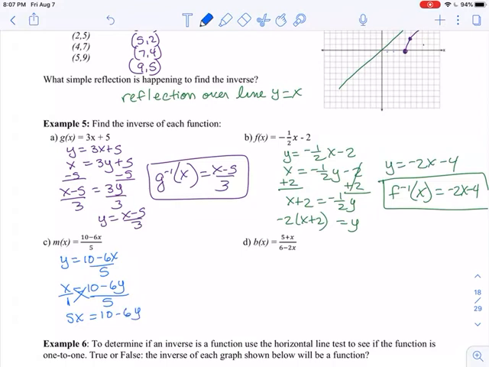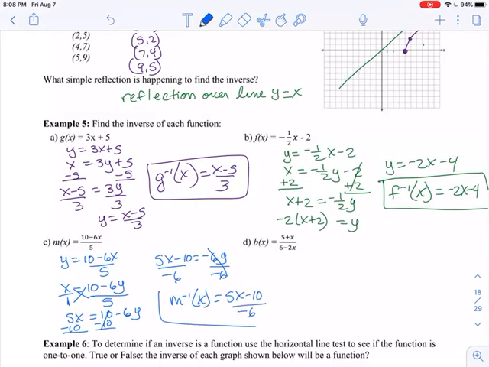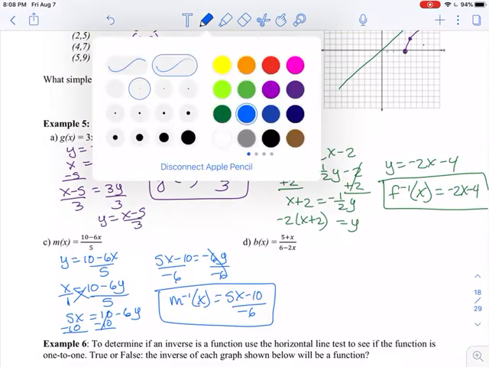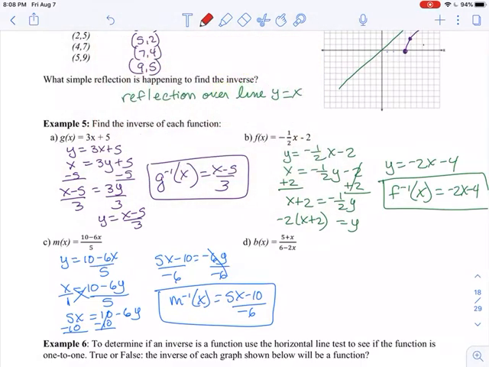Solving for y, I'm going to subtract that 10. So I have 5x minus 10 equals -6y. And then to get y by itself, I'm going to divide by -6. So basically, I'm going to have the inverse, m to the -1 of x equals (5x minus 10) over -6. So we're really just playing around with this. You have to be strong in algebra in order to manipulate these.